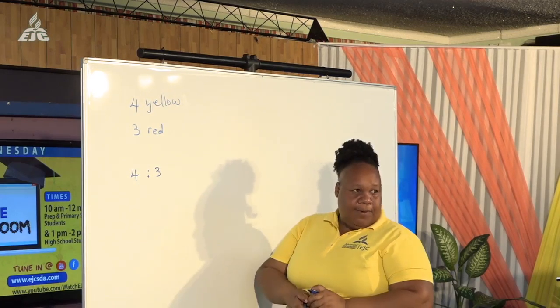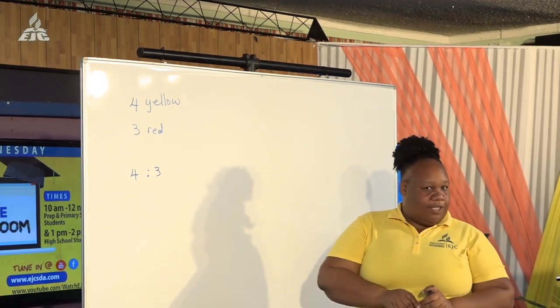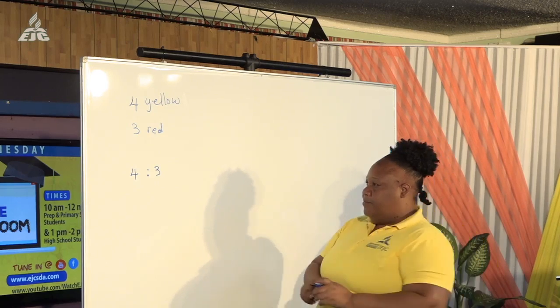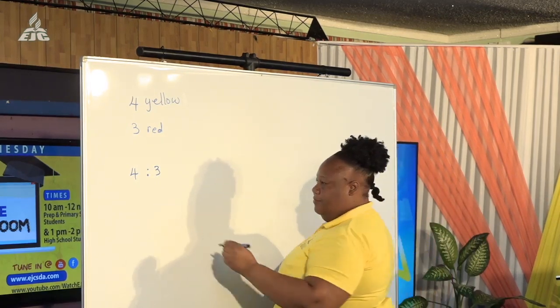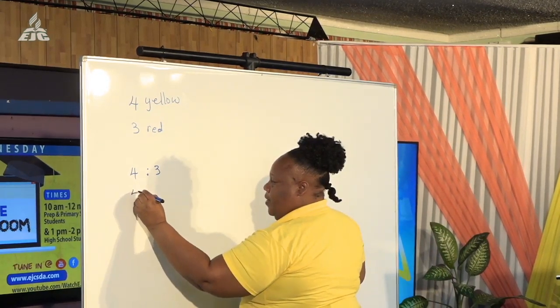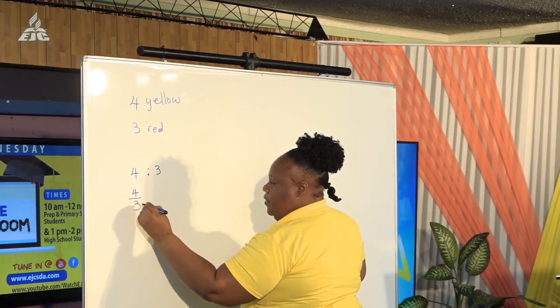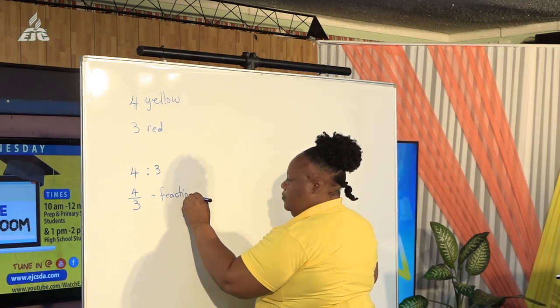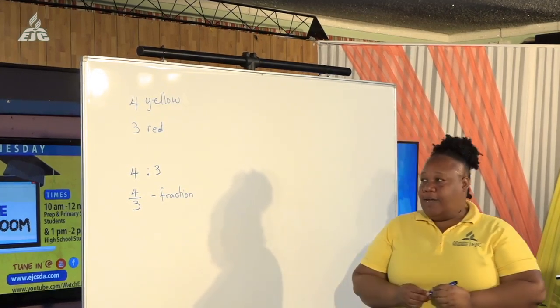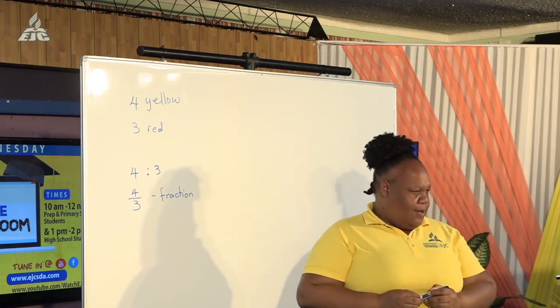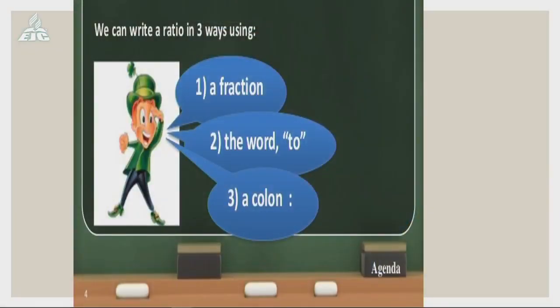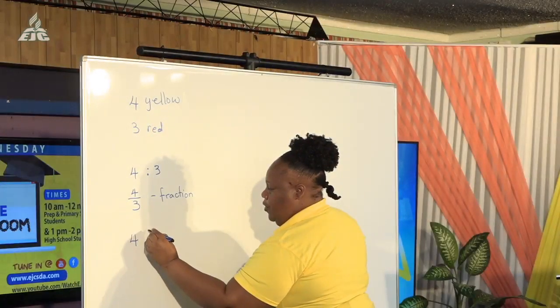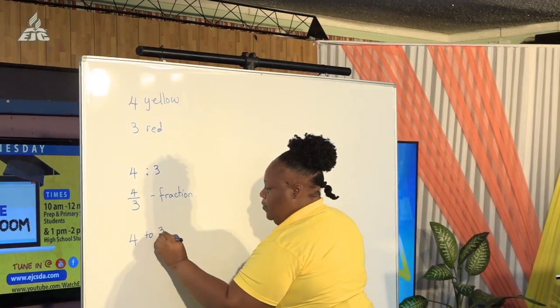Another way we can write ratio is as a fraction. Very good. So we have 4 over 3. So this one is a fraction. Or what's the other way? Okay, we can write using the word to. 4 to 3.